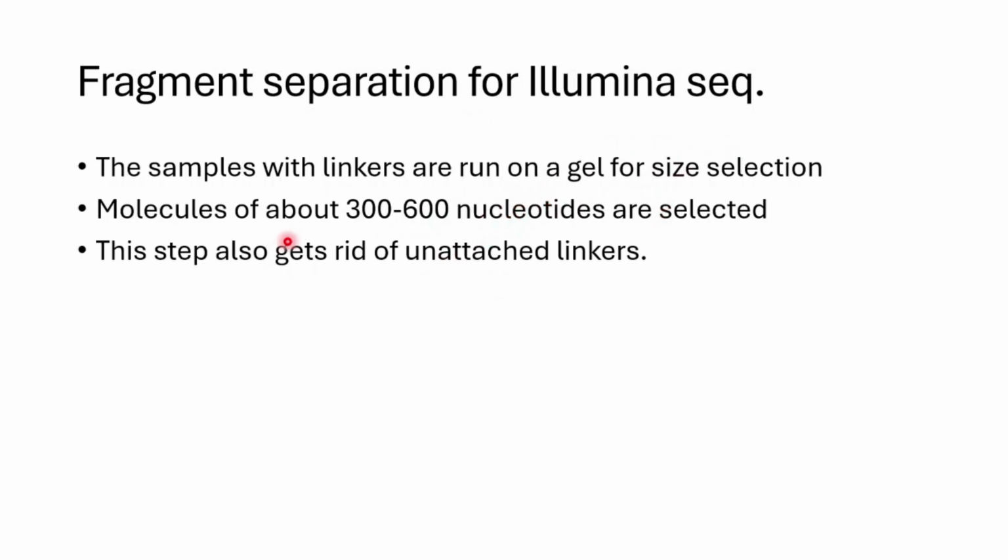And this step also allows you to get rid of DNA fragments that don't have the linkers. So you can do this during the gel. Because you can see basically that your fragments do not have the linkers, let's say for example you stain for your linkers or whatever, you see that they're not there, and so you get rid of those bands. You don't use them.